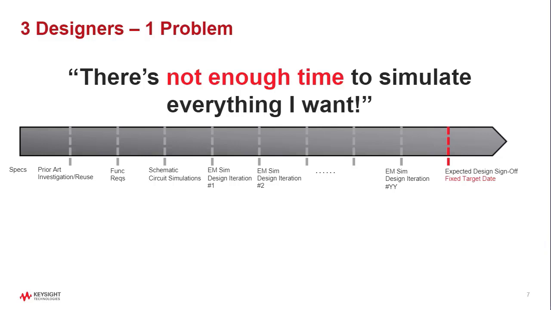So, no doubt your own design workflow or design process may be a little different to what I've depicted here, but hopefully you resonate with the idea that there's design iterations, and at each point we have to run another EM simulation and another EM simulation. And right at the end, we've got an expected design sign-off at some fixed target date.